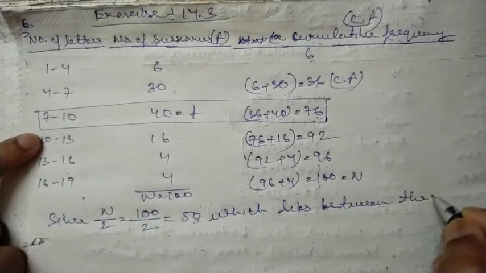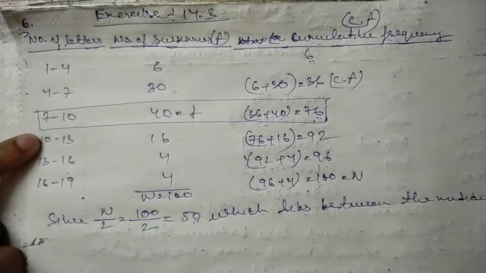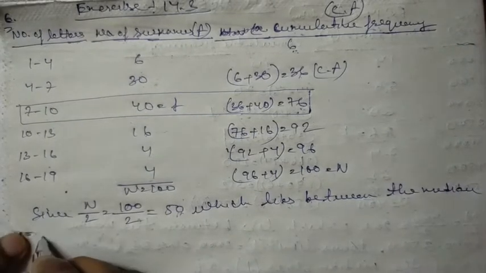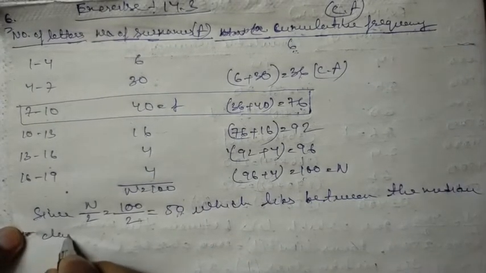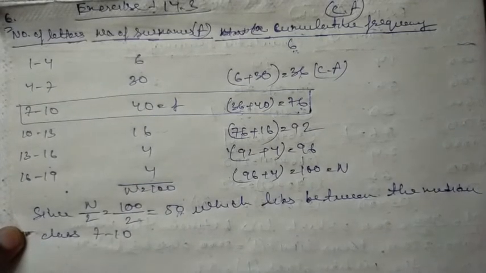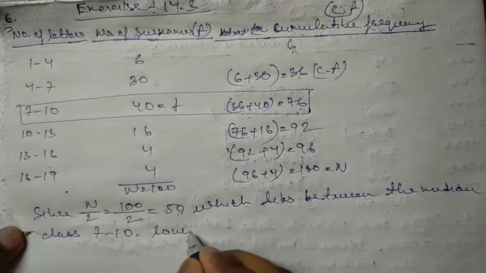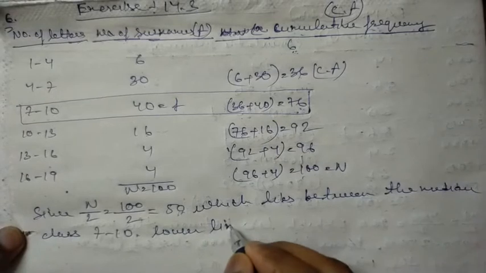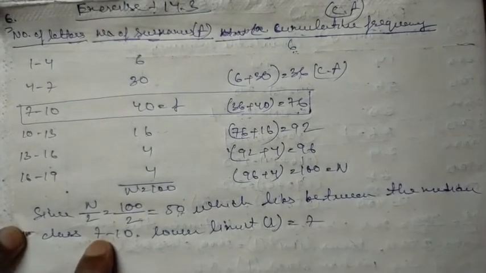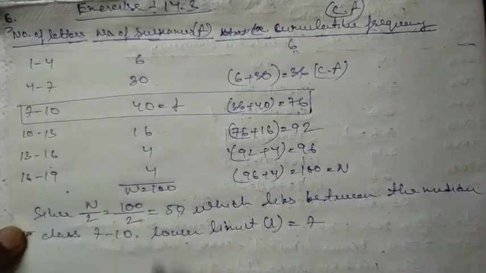The median class is 7 to 10. So the lower limit L is 7.